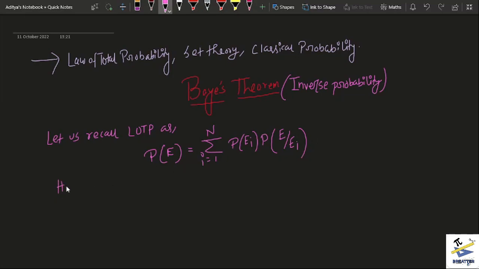Here, the union of all the Eis will give us the set E. That's what we mean by it, right? So basically Eis are the sub events, that is E1, E2 up to En, where capital N is some natural number, right? Okay, so this was law of total probability.